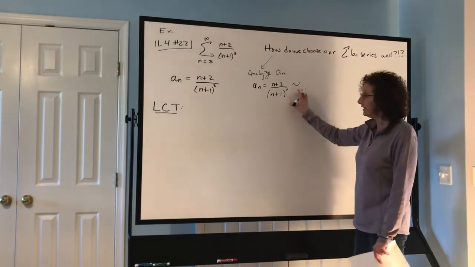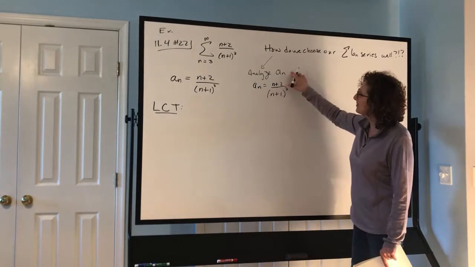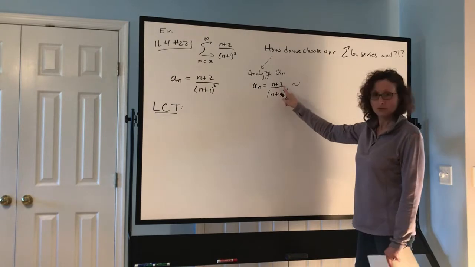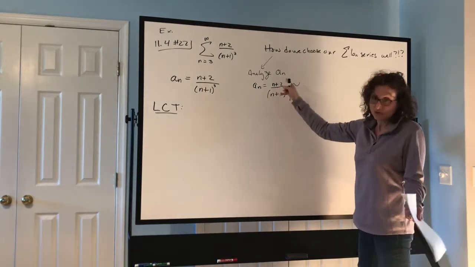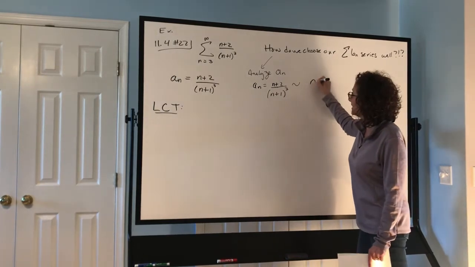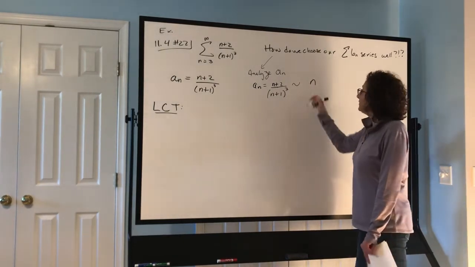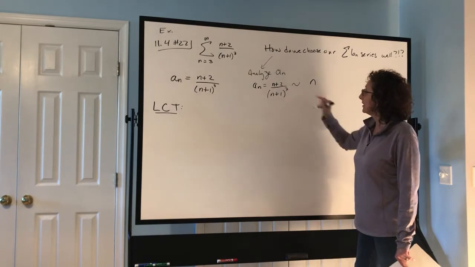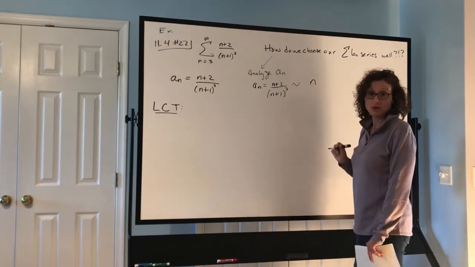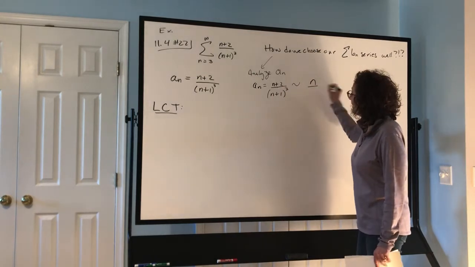It's not equal to, but it's similar to. If I'm thinking about n being large, then if I compare n and 2, the dominant term, if n is going off to infinity, is n. That's kind of the deal there. It's the largest power of n, the largest thing we've got going on in the numerator.